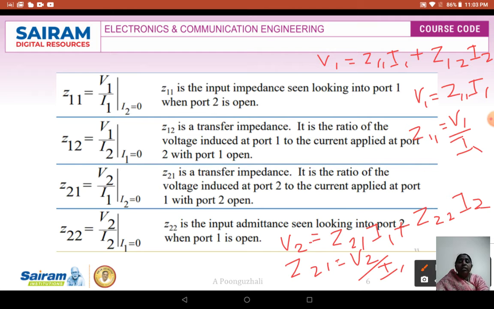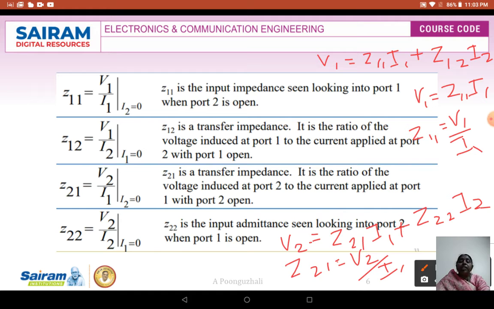V2 is nothing but your output voltage, I1 is your input current. So we say that it is your forward or transfer impedance. Z21 is V2 by I1 when I2 is equal to 0, and this is called the transfer impedance. It is the ratio of the voltage induced at port 2 to the current applied at port 1 when port 2 is open.